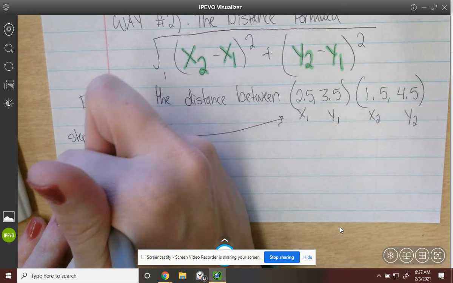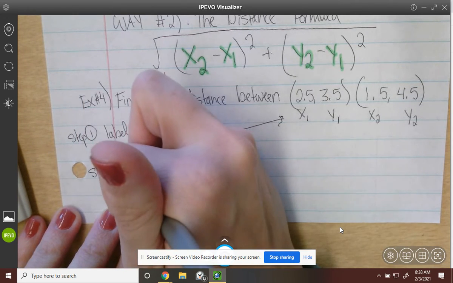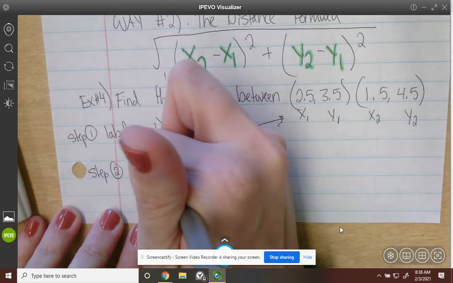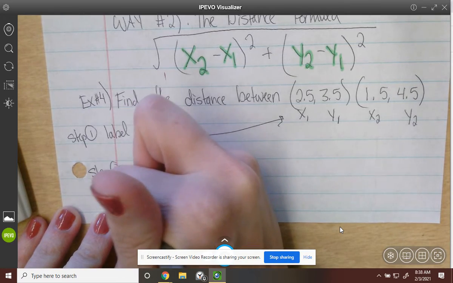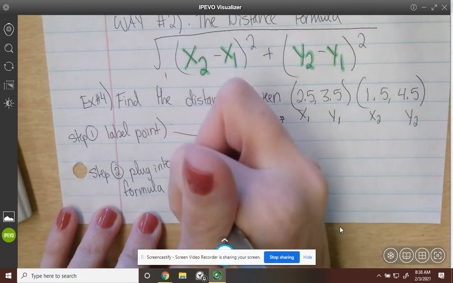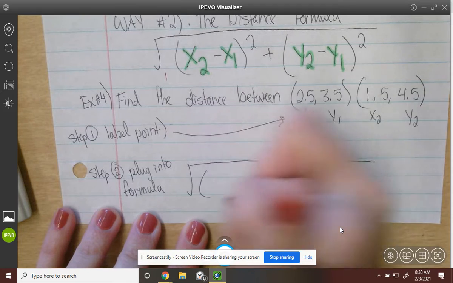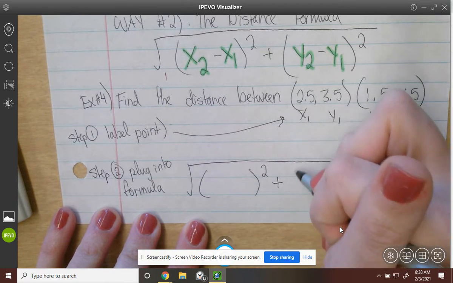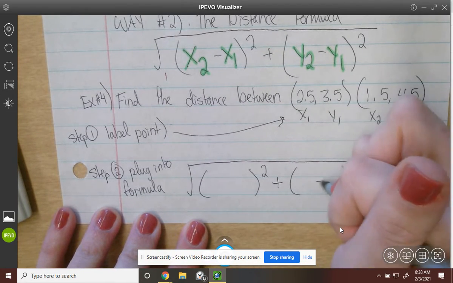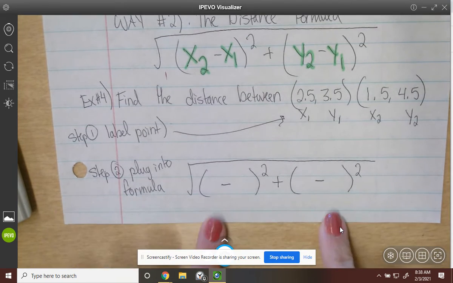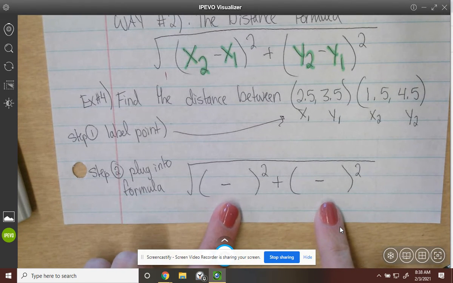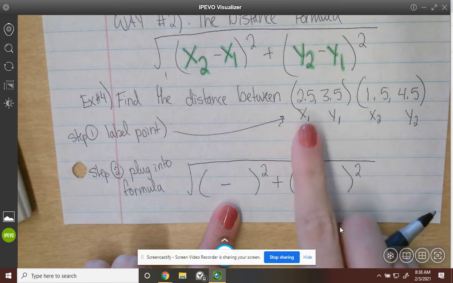Okay, step 2 is plug into the formula. So I'm going to set up my formula with everything but the numbers that I've highlighted. So I got all of that in there. And now I'm plugging in these numbers.